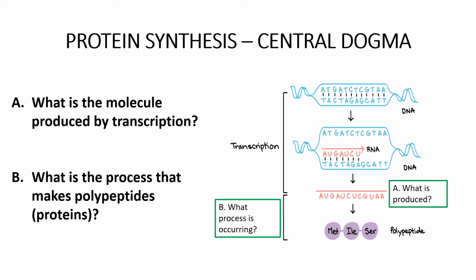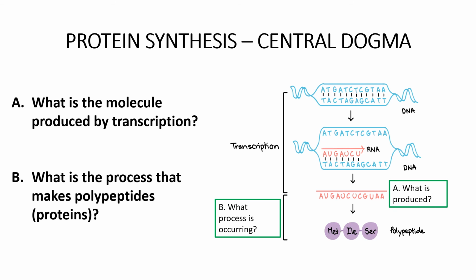So transcription is the beginning here, where you start with the DNA and you use that to make the red line. So the first question, A, what is the molecule being produced by transcription? You can see it written in the picture. It says RNA. RNA is being built using DNA as a template. That's transcription.